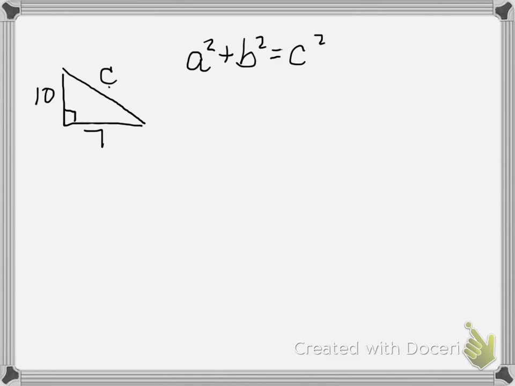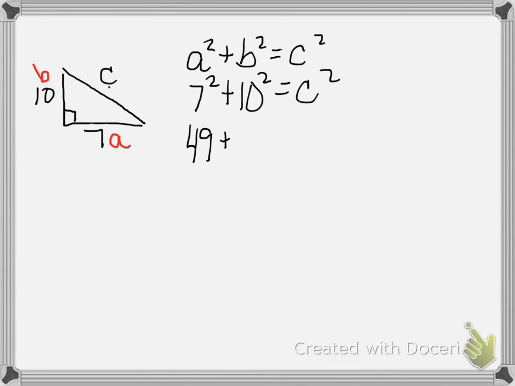Remember it's only important which one you call C, so I'll call this one A and this one B, but I could do it the reverse way too. So that means this is 7 squared plus 10 squared equals C squared. That's 49 because it's 7 times 7, plus 10 squared, which is 100 because it's 10 times 10. So 149 equals C squared.